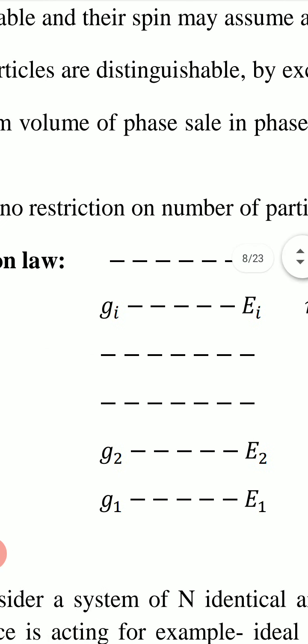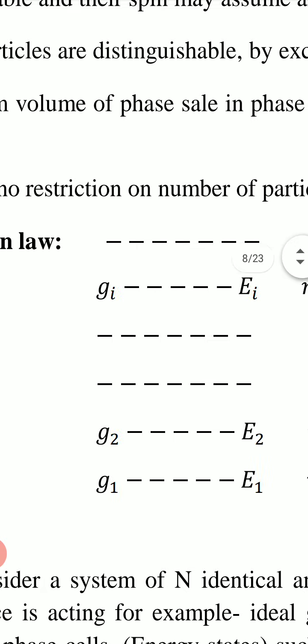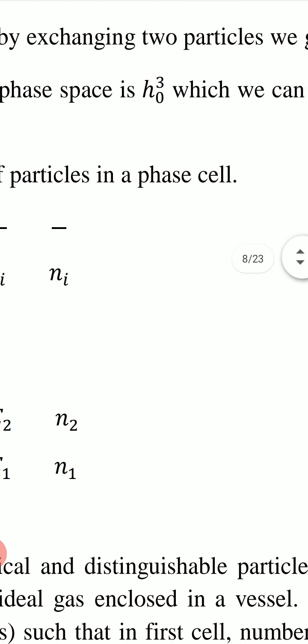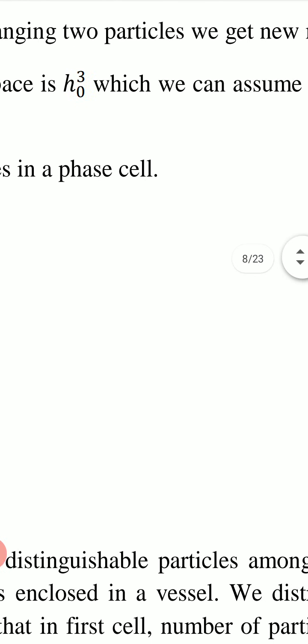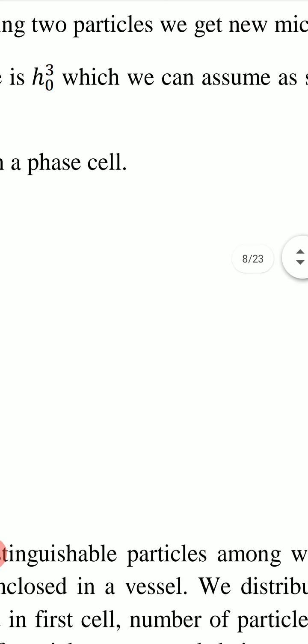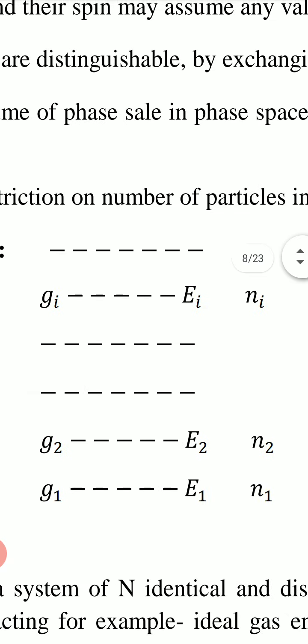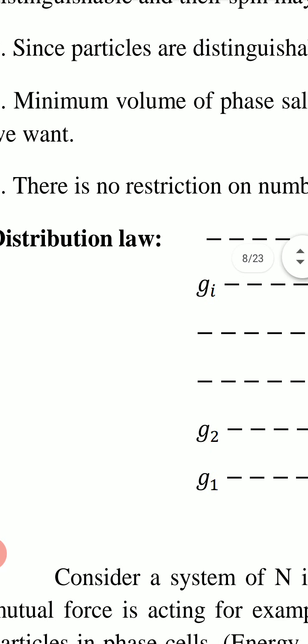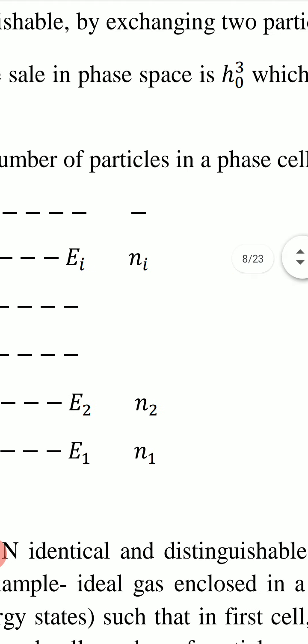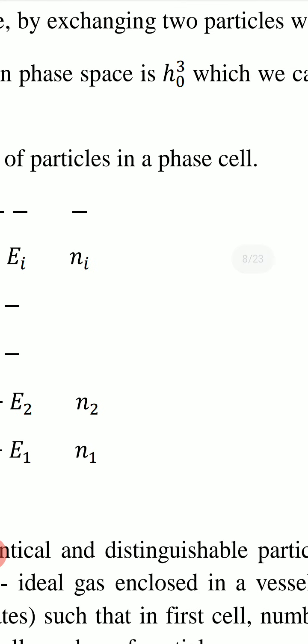In Maxwell-Boltzmann statistics, the minimum volume of this phase cell is h0 cube, which we can assume as small as we want. h0 here is an arbitrary constant. We can choose it as small as we want.